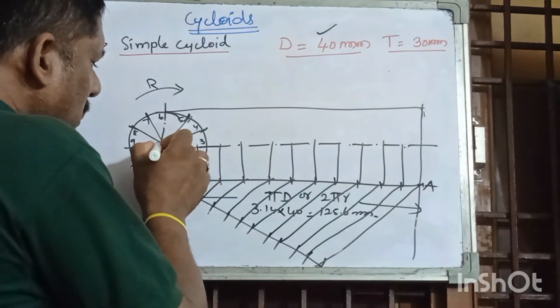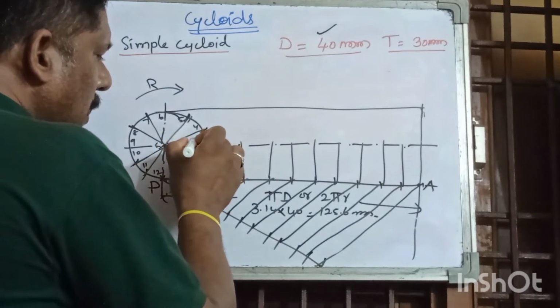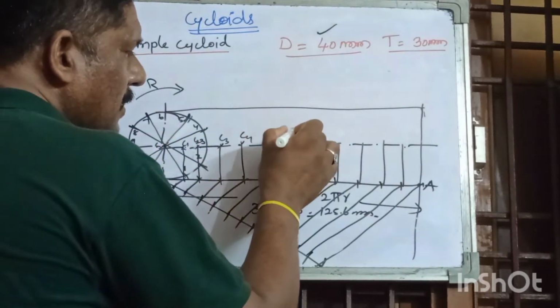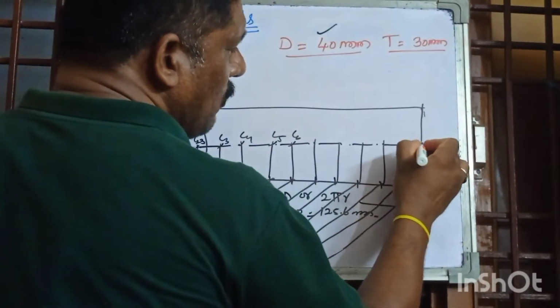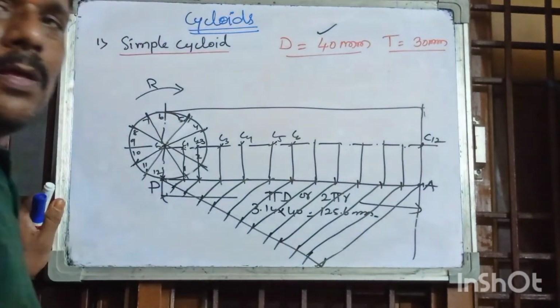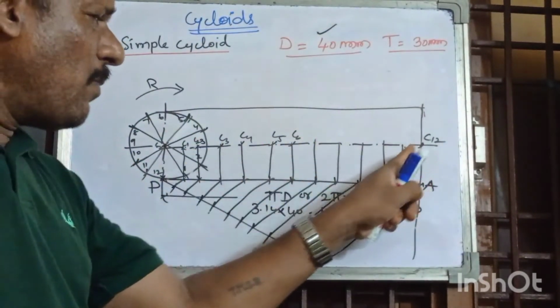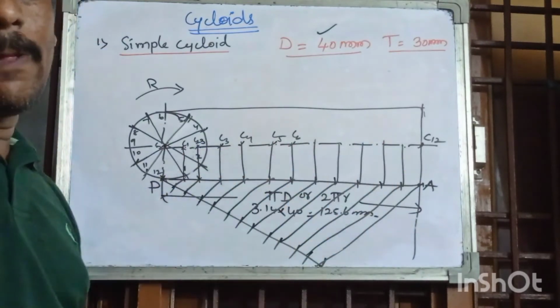Assume this is the center point C. So these points are C1, C2, C3, C4, C5, C6, and likewise 7, 8, 9, 10, 11 and C12. We divided this indirectly only for getting the center points.